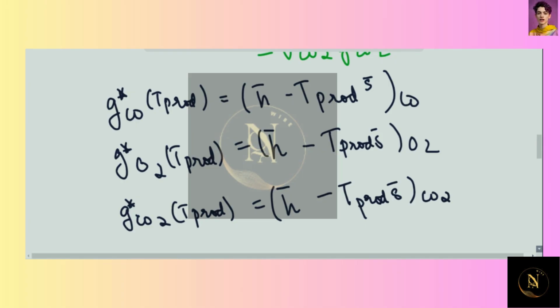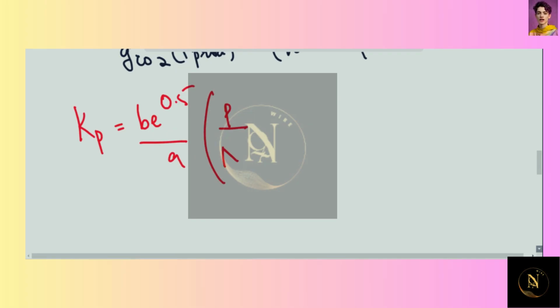Now the equilibrium constant is also given by the equation Kp equals B raised to 0.5 into E raised to 0.5 upon A, into P upon N total.